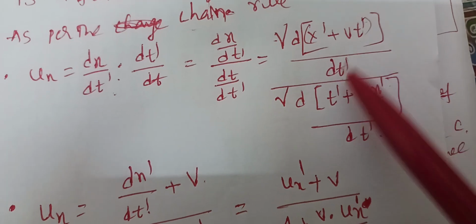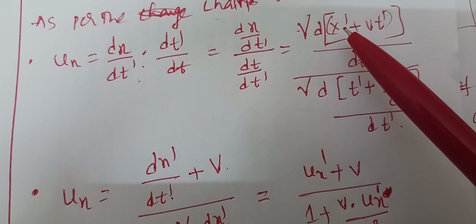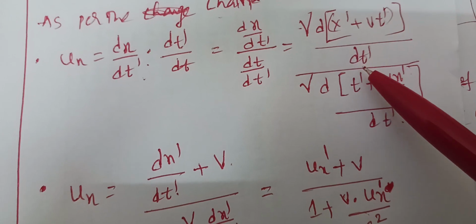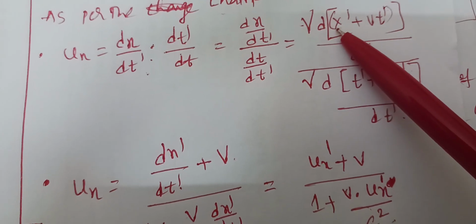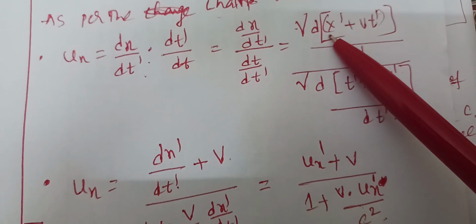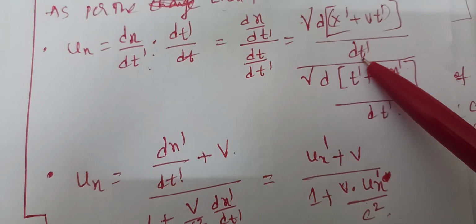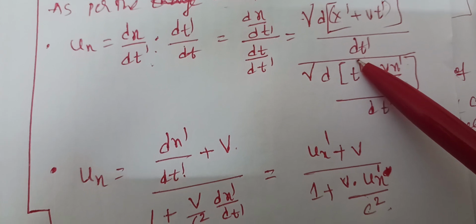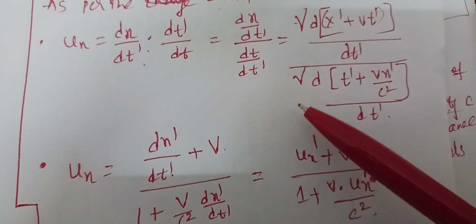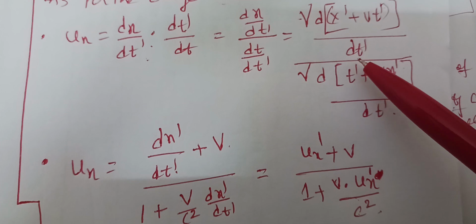Now what changes here? There is the concept of differentiation. dx dash by dt dash is the change in position of the particle with respect to the S dash frame, divided by the time of the S dash frame itself. So dx dash by dt dash I have written as it is, plus, here gamma gets cancelled, d of vt dash by dt dash.